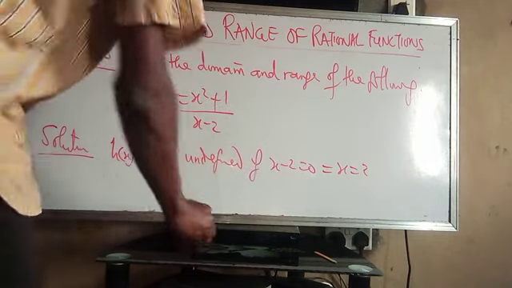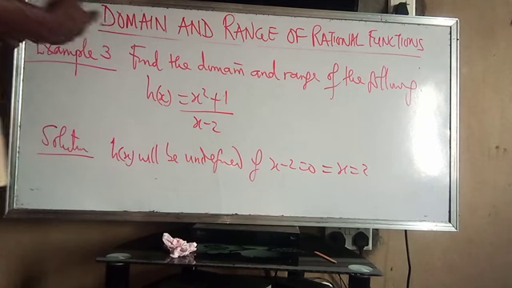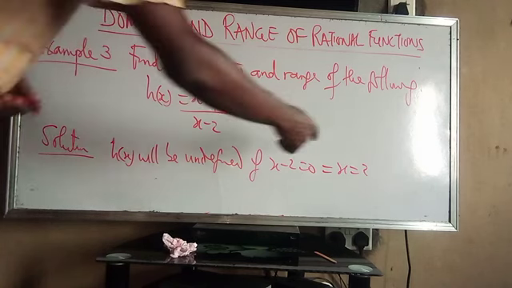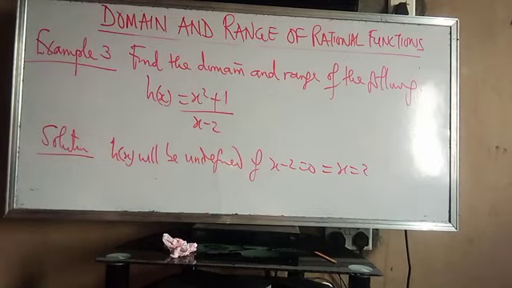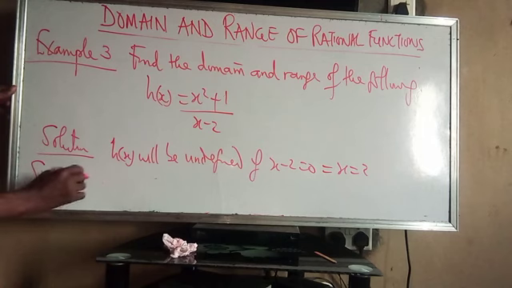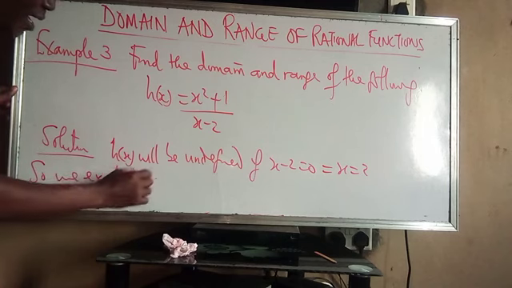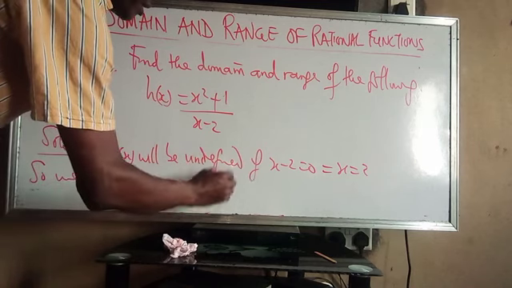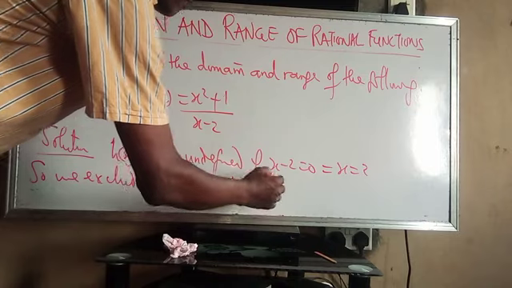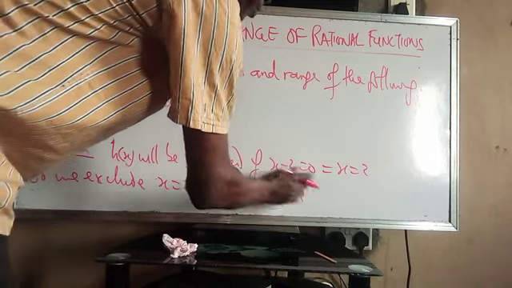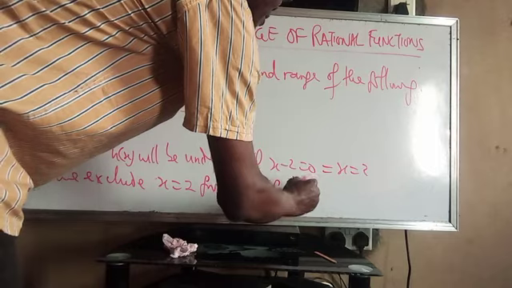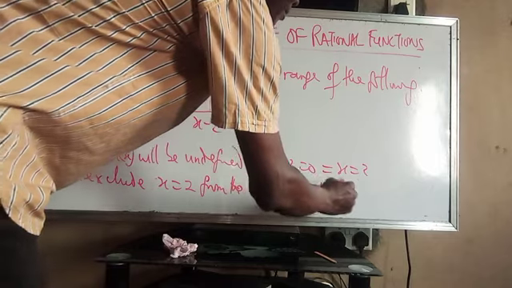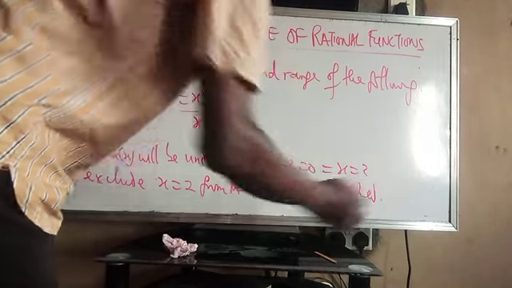But we want the values of x for which the function is defined. So that means we have to exclude x equals 2. So we remove x equals 2 from the real numbers, for h of x to be defined. For it to be defined, we have to remove it.